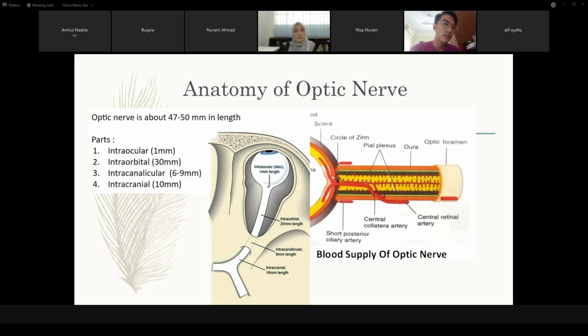And then the intracanalicular segment is around 6 to 9 millimeters long, and this is where the optic nerve exits through the optic canal, superior to the ophthalmic artery. And then the fourth part is the intracranial segment, which is 10 millimeters long. It enters the middle cranial fossa, and then it will join with the optic chiasm.